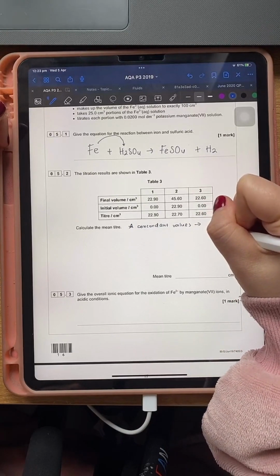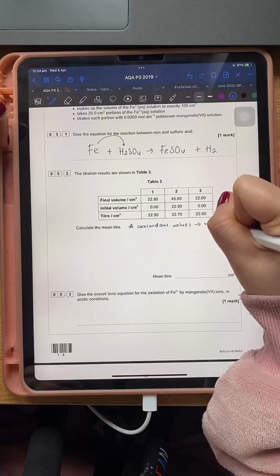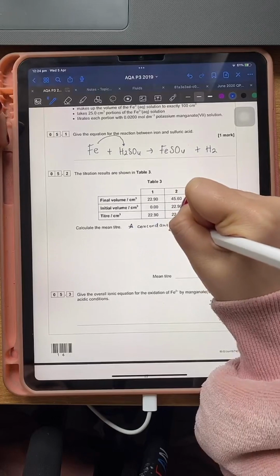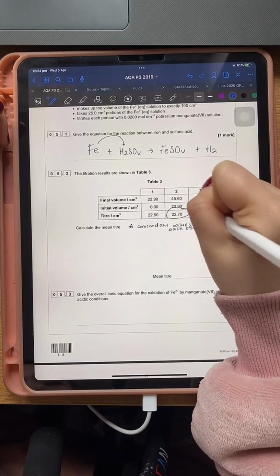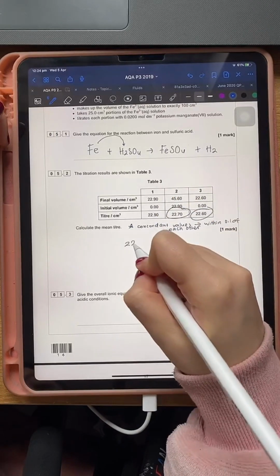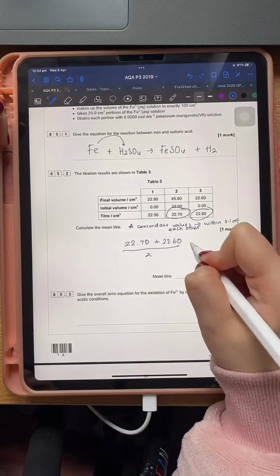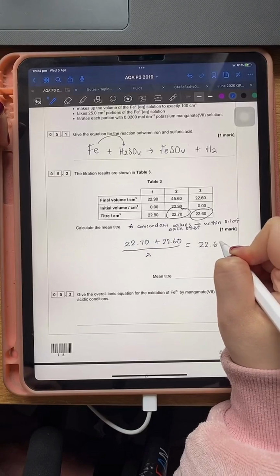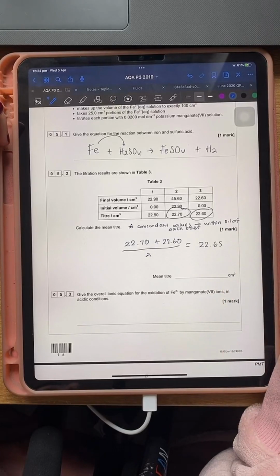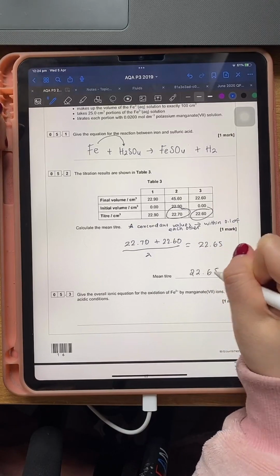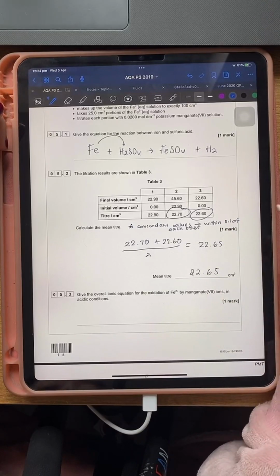And that's this one with this one. So you have 22.70 plus 22.60 over 2 will give you 22.65. So you have 22.65 here. Again, 22.9 is not used because they are not concordant with each other.